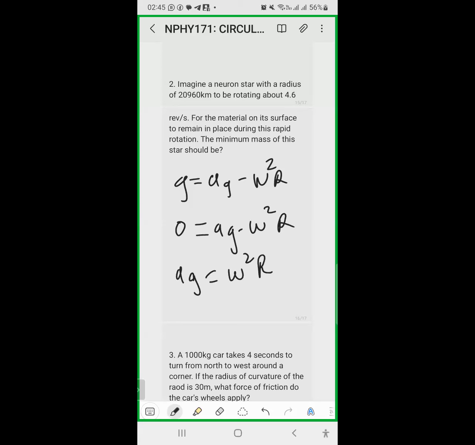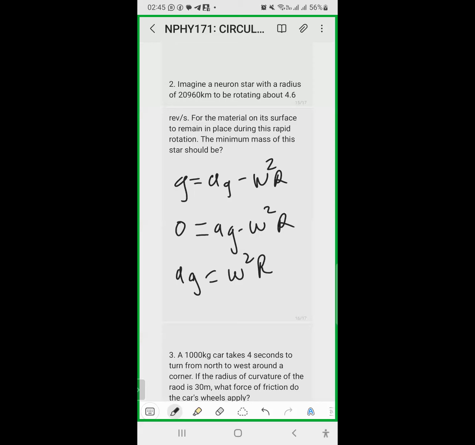centripetal acceleration. Okay, so all this also proves to us that under the effect of free fall, or when an object is in free fall motion, the gravitational acceleration is equal to the centripetal acceleration.